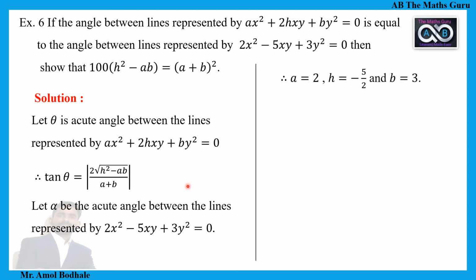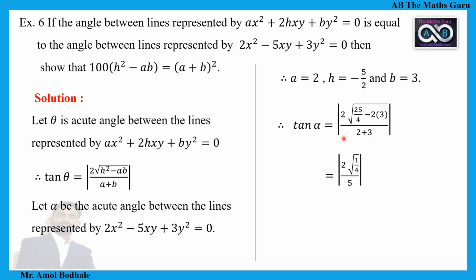Here the value of a is 2, the value of h is minus 5 by 2 and the value of b is 3. So tan alpha equal to, putting the values of a, h and b, 2 square root of (minus 5 by 2) bracket square, that is 25 by 4, minus ab, that is 2 into 3, upon a plus b.